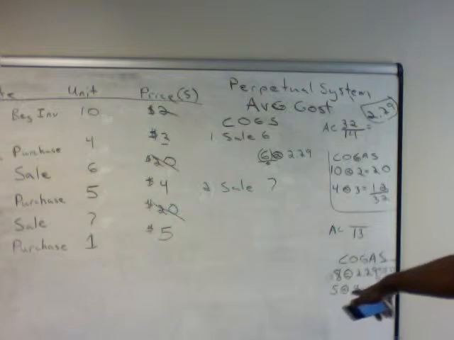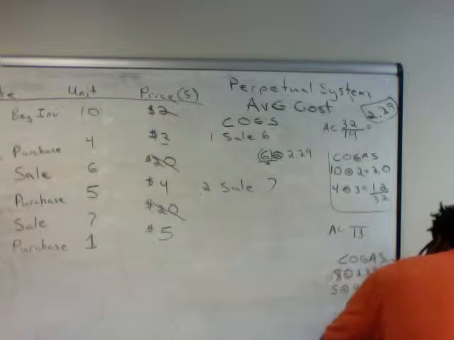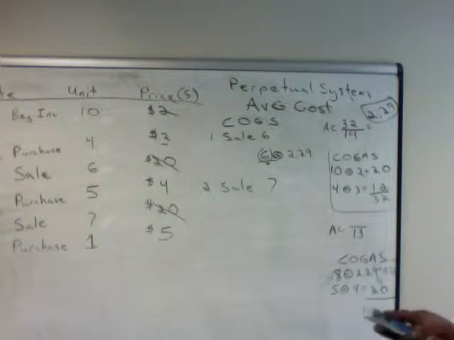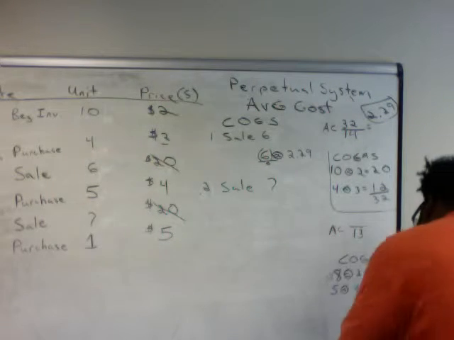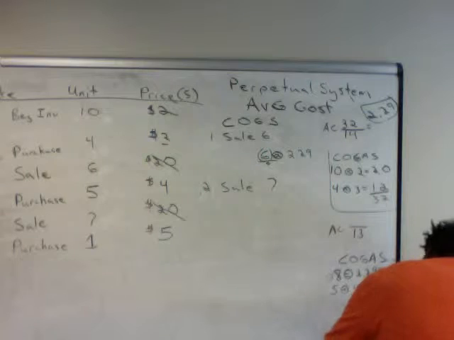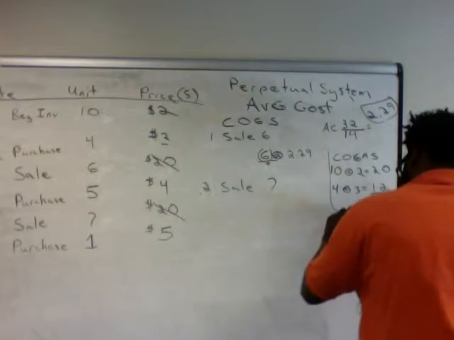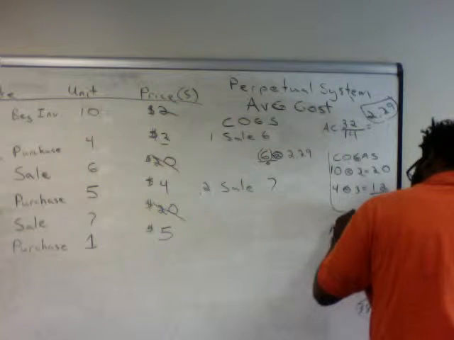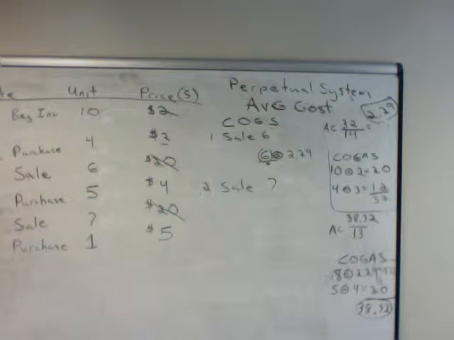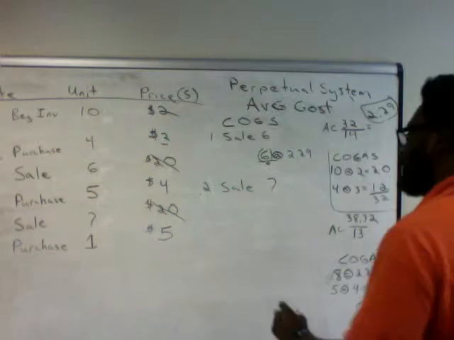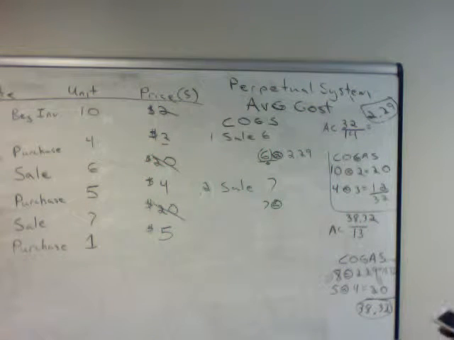And 4 times 5 gives me 20. So if I add 20 to $18.32, I get $38.32. That's my new numerator for my new formula. So now I can calculate the average cost of my 7 units.